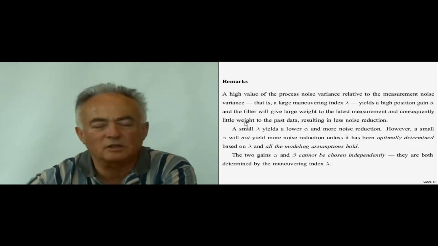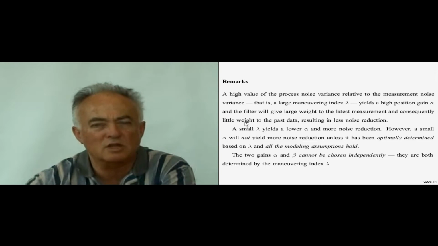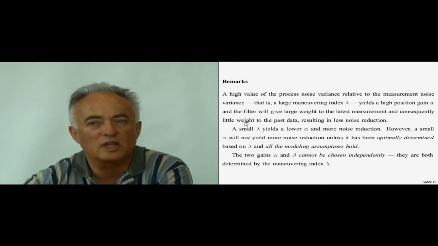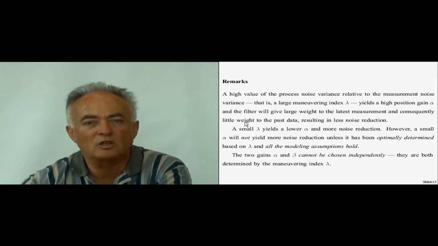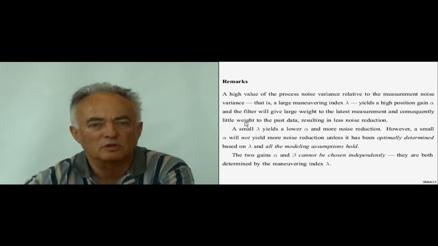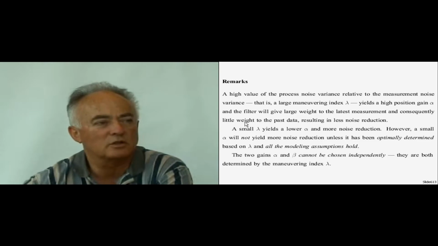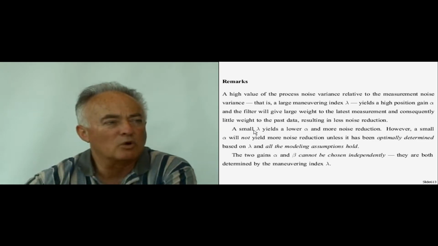Now, the fact that it attaches little weight to the past data is a consequence of its optimality. Remember, this is an optimal filter in steady state under the assumptions, the modeling assumptions that were listed earlier. Now, a small lambda yields a lower alpha and more noise reduction.